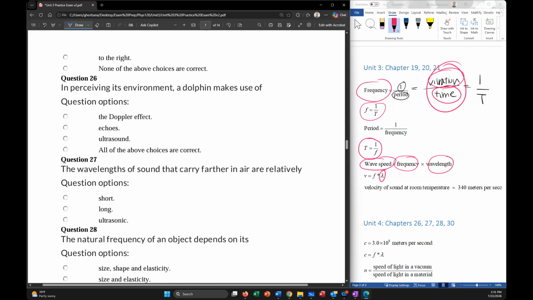The dolphin uses ultrasound as well, sending sound waves and then detecting the sound reflected from an object, and they analyze it. Echoes are a kind of reverberation, an interference of the incident wave and the reflected one. All of the above choices are correct.